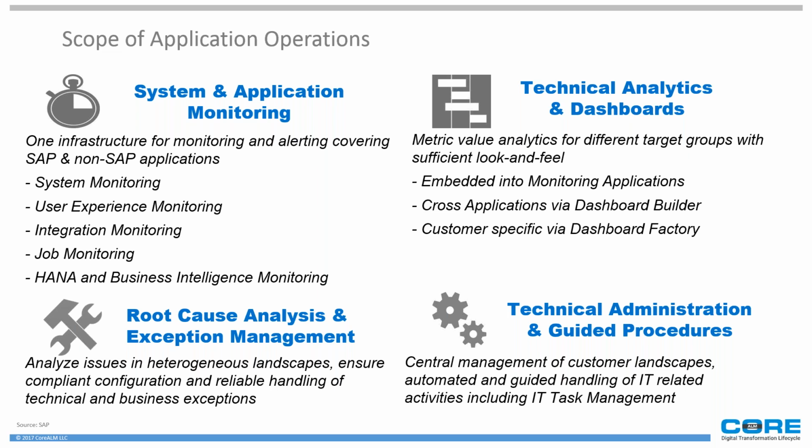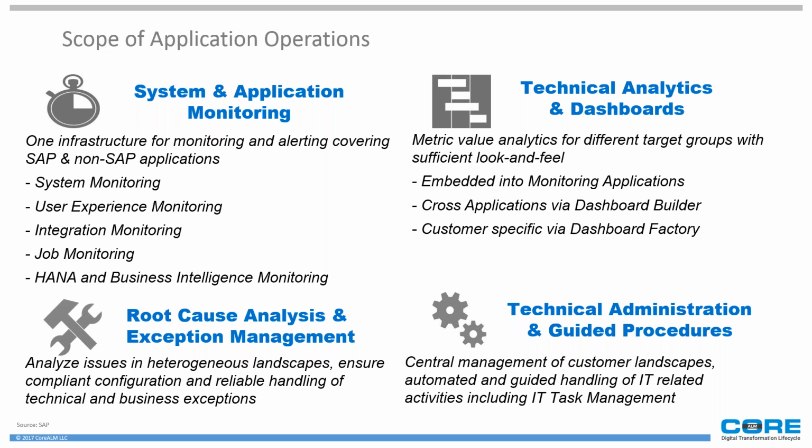But also there are different ways to look at it. One is the traditional system monitoring, user experience monitoring, which we'll talk about today. You have integration monitoring, so you can monitor your PI or PO instances and see how the messages are flowing, how the communication channels are working.